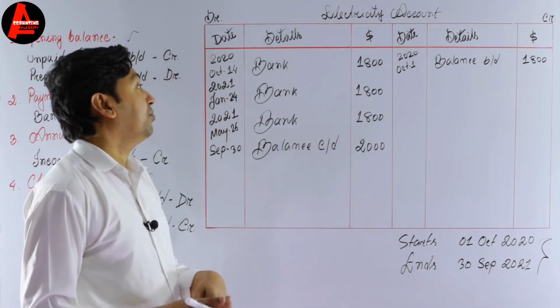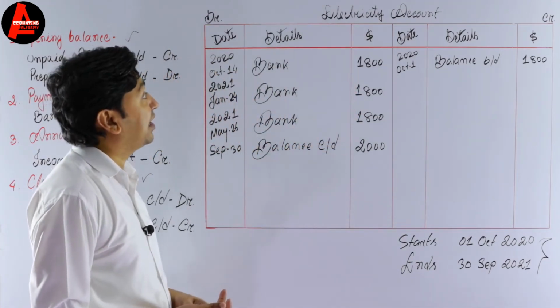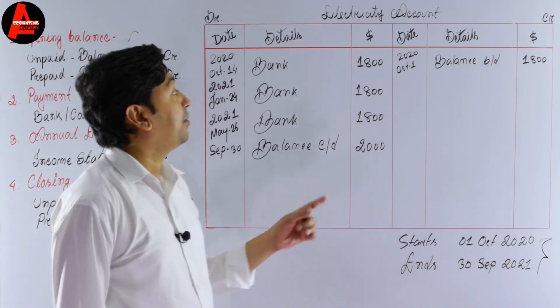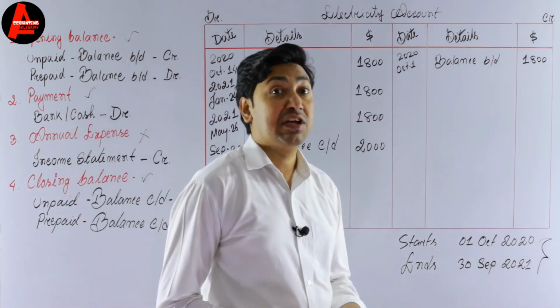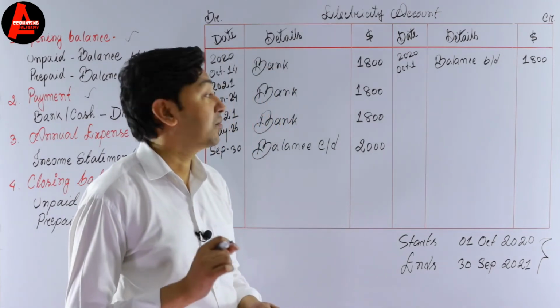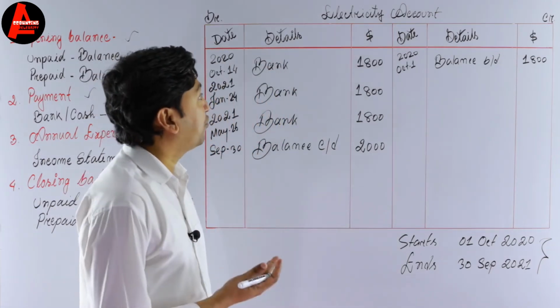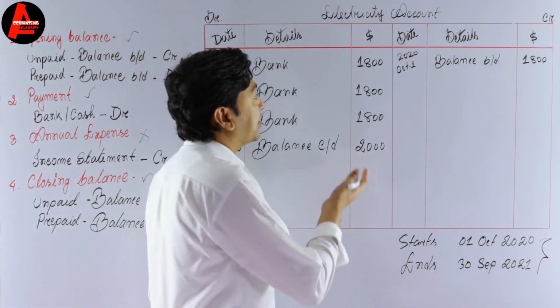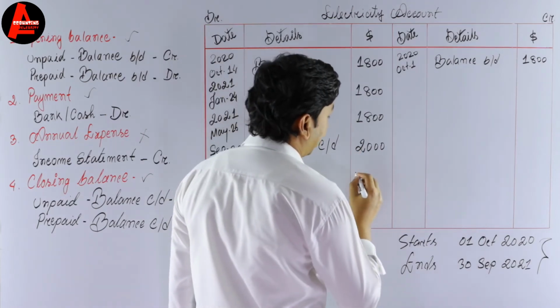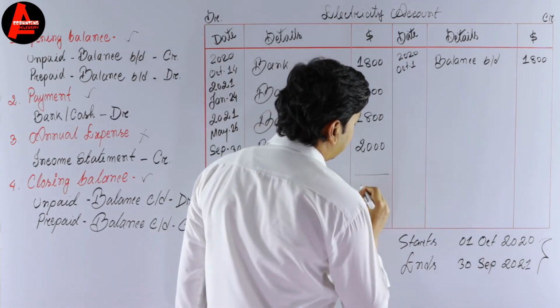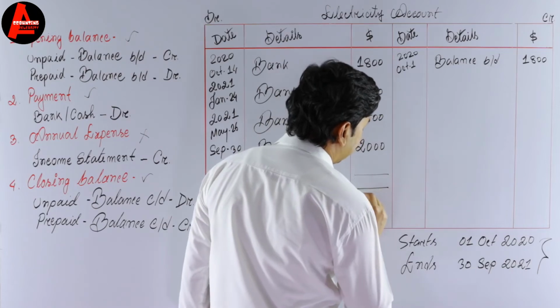Now to balance it, to calculate the income statement here, we need to compare the debit dollar column to the credit dollar column. Why? We need to check which column is greater in terms of money. If we check, we get that the debit column is greater. So let us total the debit column first. If we write the totals, how much do we get here?